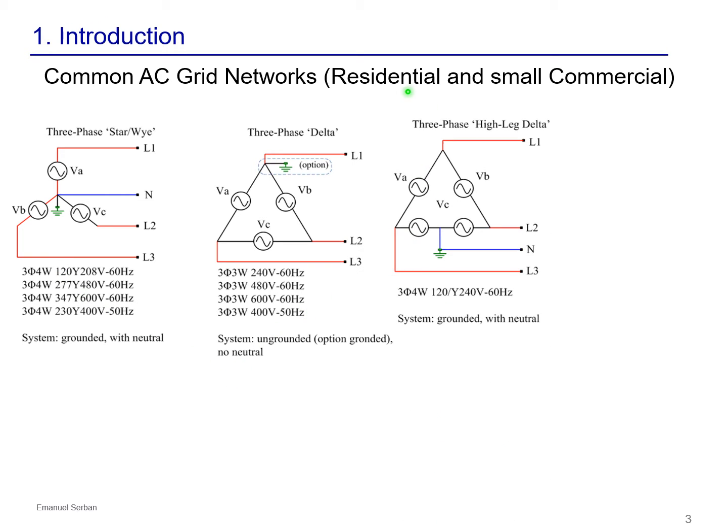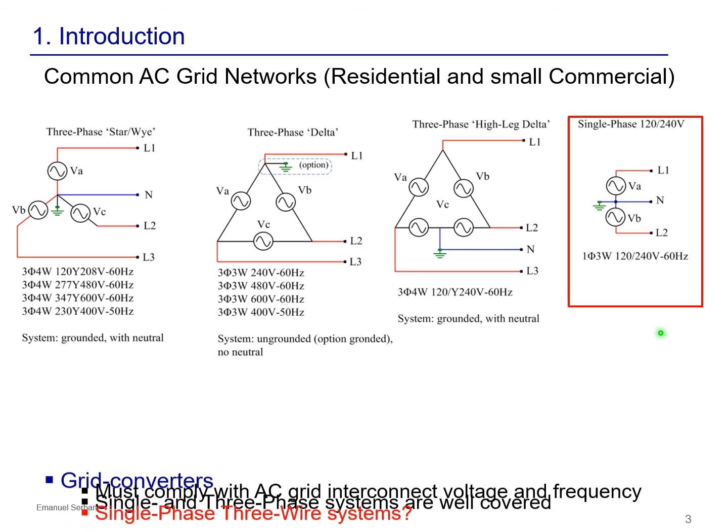Another system is three-phase high leg delta, where the split phase is derived from one phase, 120 to 240. This system is grounded with neutral. And lastly, the single phase 120 to 240 three-wire system.